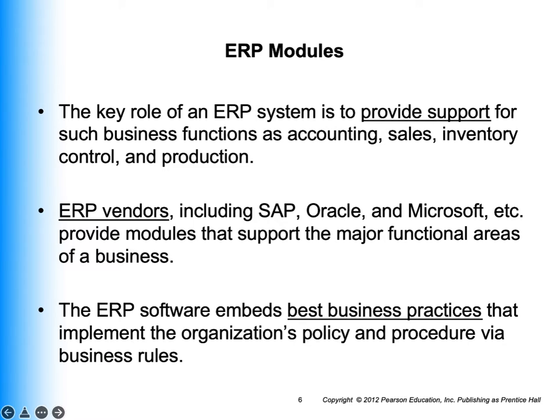The function of the module is basically to provide support and cross-functional, not only sharing data at the same time. The vendors do include SAP, which is very common, Oracle, Microsoft, and most of the modules are basically best practice. So most companies already have the standard, for example, HR module, accounting module, logistics module, and they are there for you to start using it.